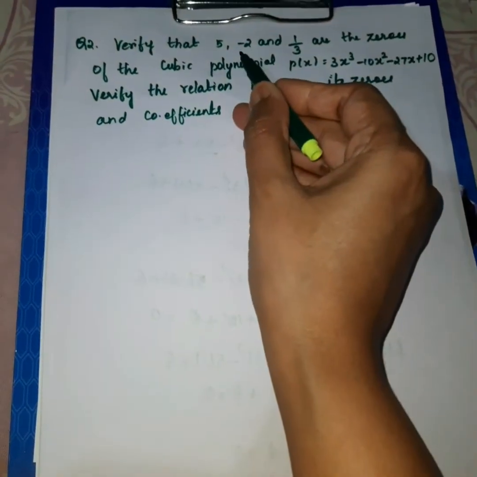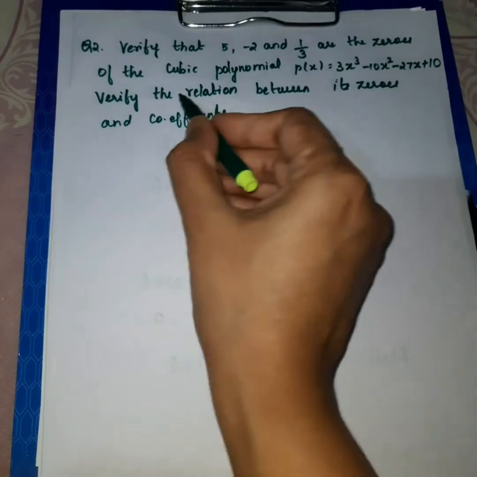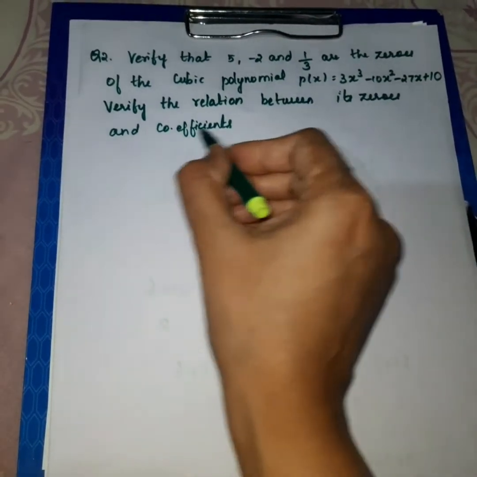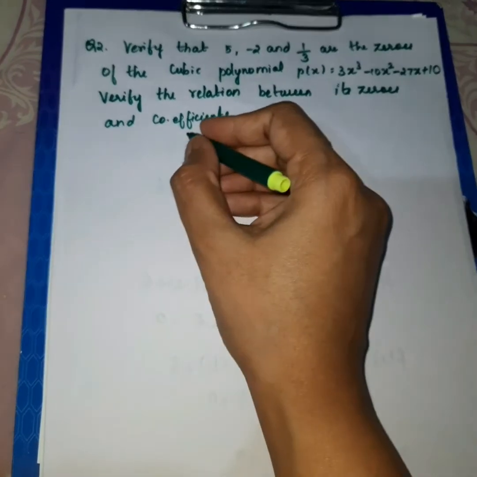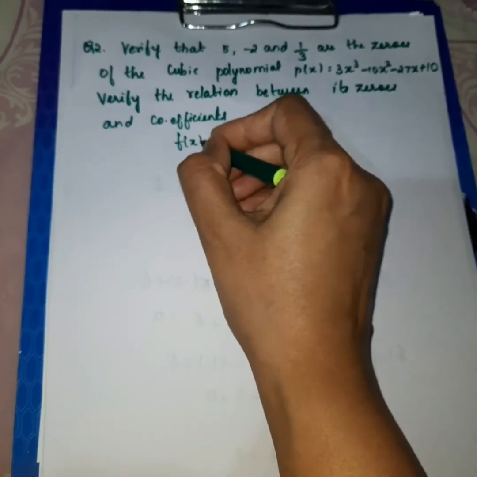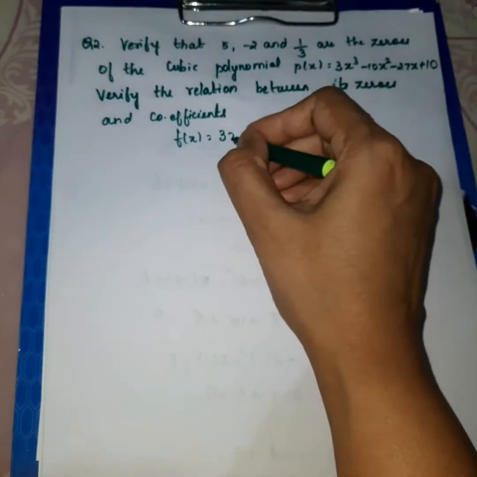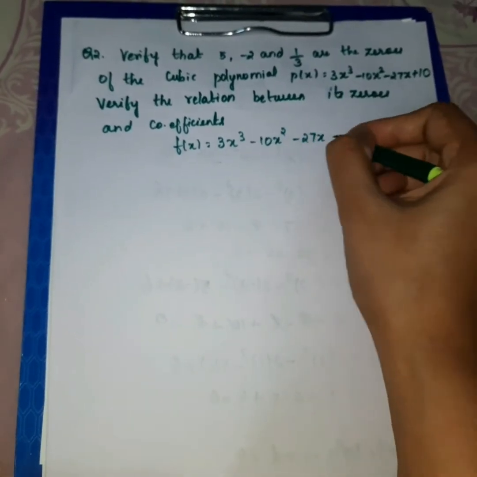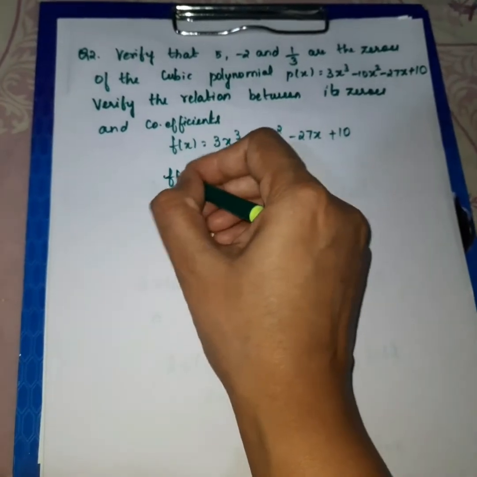Question 2. Verify that 5, minus 2 and 1 by 3 are the zeros of the cubic polynomial and also verify the relationship between its zeros and coefficients. This is very similar to question 1. So we have to substitute the value of x as 5, minus 2 and 1 by 3 in the given cubic polynomial.